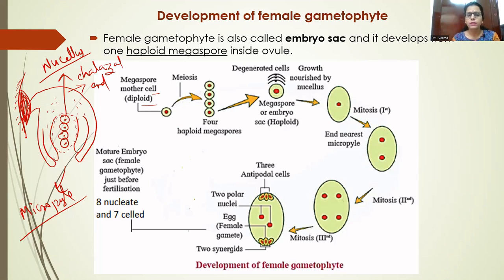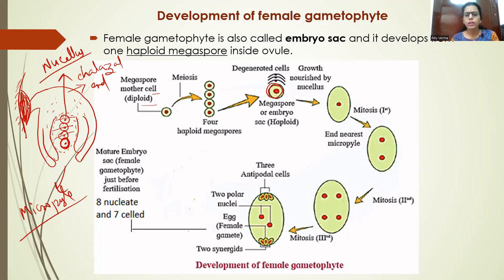Now, out of these 4 haploid megaspores, 3 megaspores will degenerate. As you can see here in the picture, these 3 will degenerate, and only one functional megaspore will be left, the one towards the micropyle end. The other 3, which are towards the chalazal end, will degenerate.